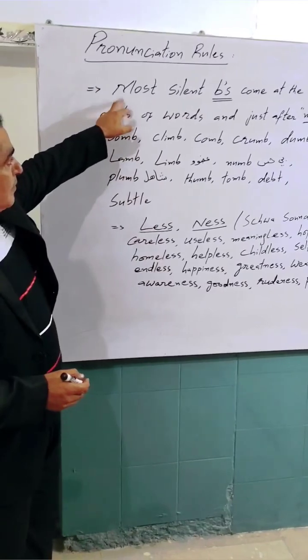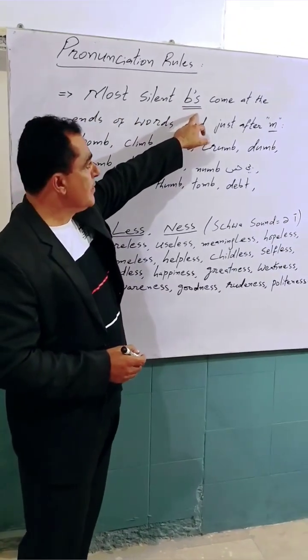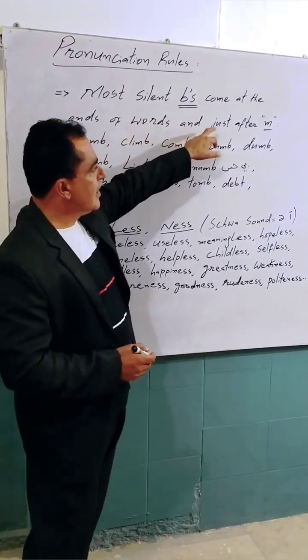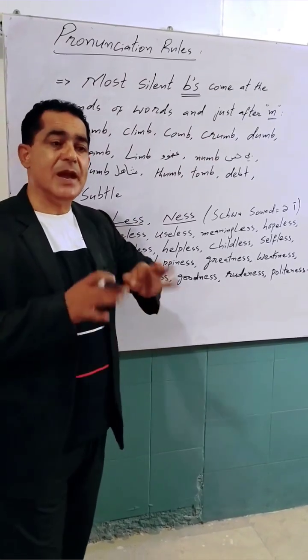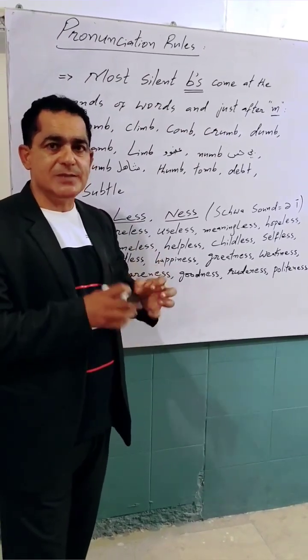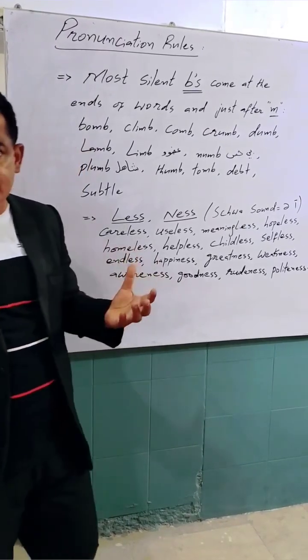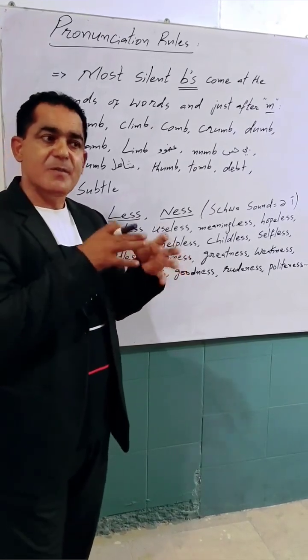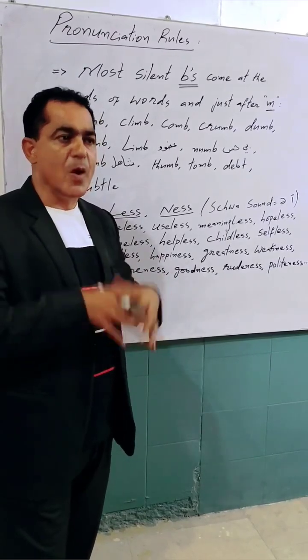Most silent Bs come at the end of words and just after M. In many words B is pronounced, when B comes at the beginning, as in bakery, Bombay.